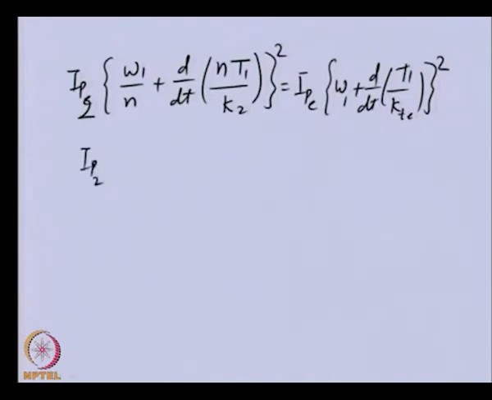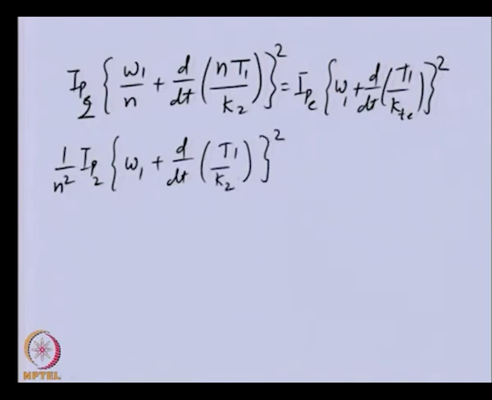Because it is within the square, we get 1 by n square (omega 1 plus d by dt of T 1 by K T 2 n square) equal to I p e (omega 1 plus d by dt of T 1 n square by K T e).